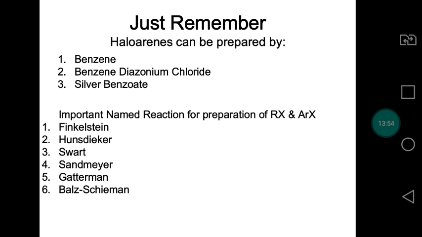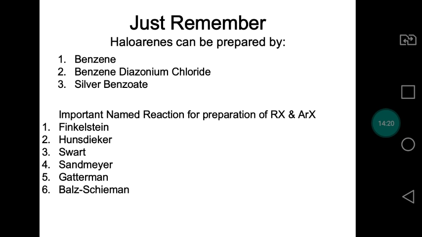In all these reactions, we have to remember a few important name reactions for both haloalkane and haloarene preparation. Number one Finkelstein, number two Hunsdiecker, number three Swarts, number four Sandmeyer, number five Gattermann, and number six Balz-Schiemann reaction. Finkelstein is halide exchange to get iodoalkane.